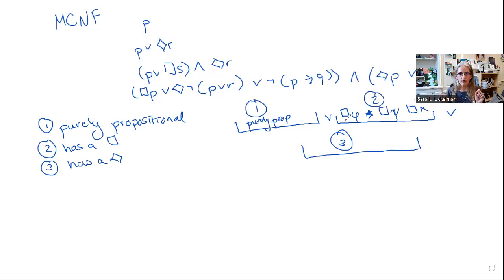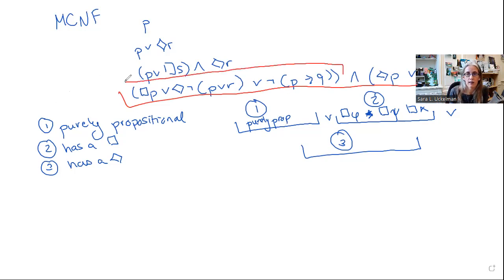Now, let's just do that. So that's the first part of the ordering that we need to do with this most complex one here. So we do this conjunction by conjunction. We've got, on the one hand, first this conjunct, and then we have this conjunct, and we order them separately from each other. Here, I want to have the purely propositional stuff first.